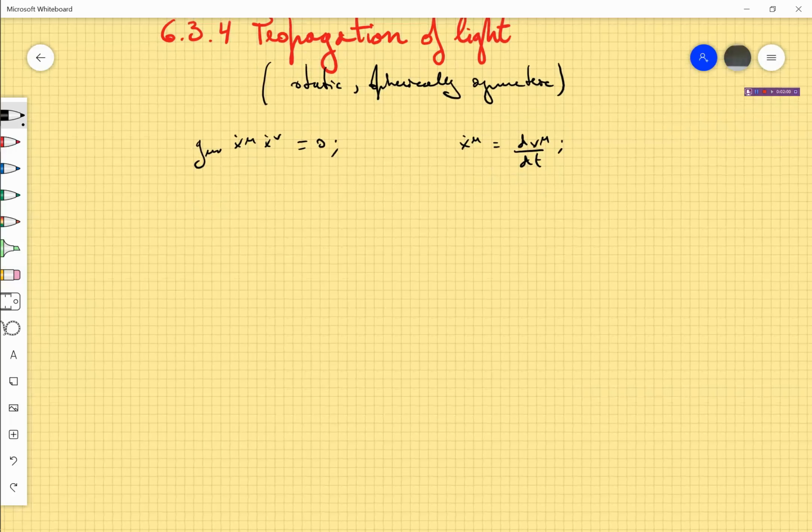So, let us expand this expression in this post-Newtonian approximation. This will be ẋ^0 g_00 ẋ^0 squared. Then there is a g_0i, but for the static spherically symmetric field at the lowest order, this off-diagonal term is 0, and then we only need to consider this one.